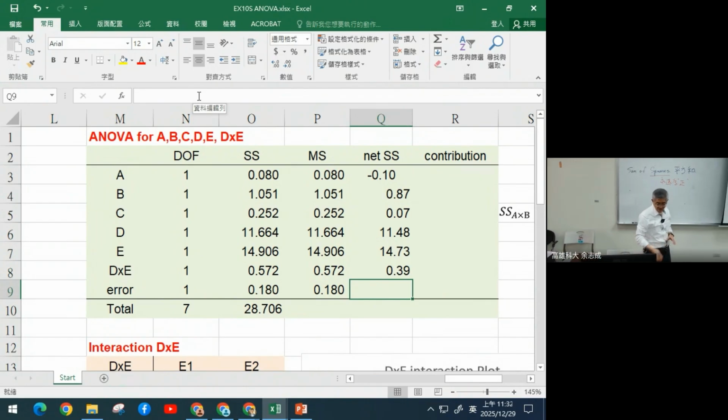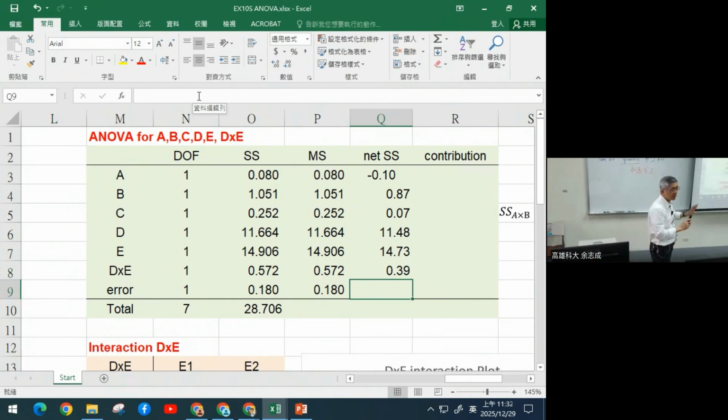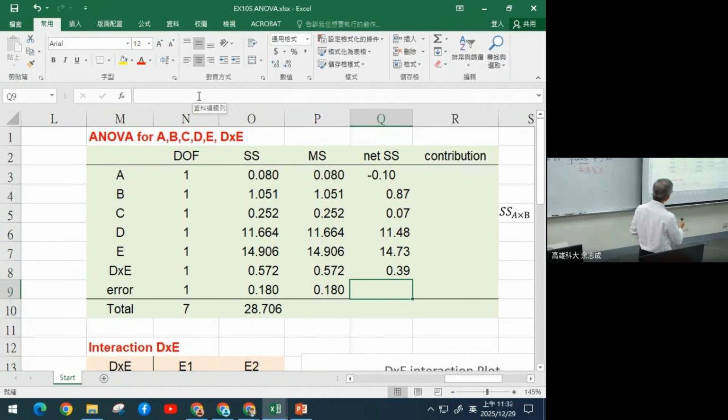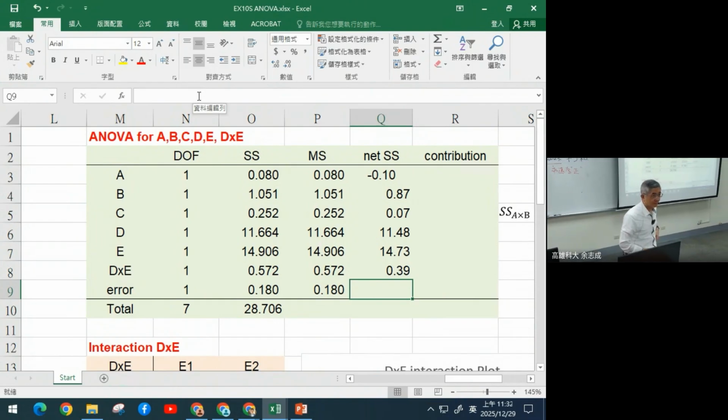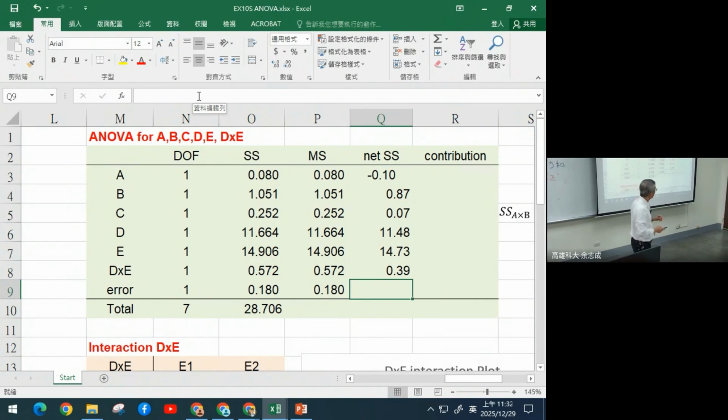Therefore, if it is negative, 不合理的, 负, okay, there is no negative sum of square, 没有负的平方值. If there is a negative sum of square, it means that this one doesn't have a positive sum of square.